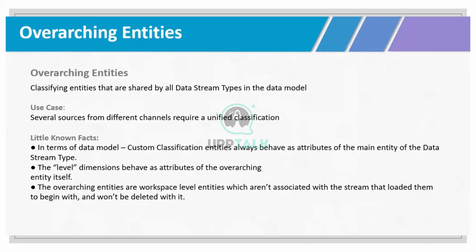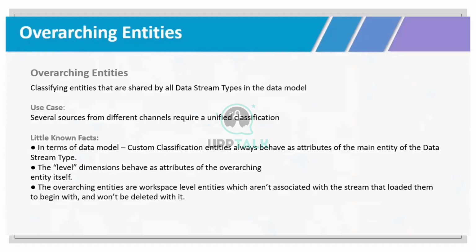Custom classification 1 is the overarching entity and custom classification 1 level 1 acts as attributes of the custom classification. Custom classification works as an entity of the main entity. Custom classification 1 acts as the attributes of the main entity and custom classification 1 level 1 acts as the attributes of the custom classification.